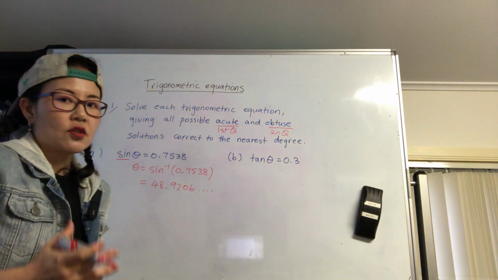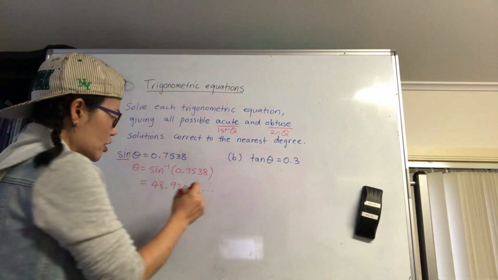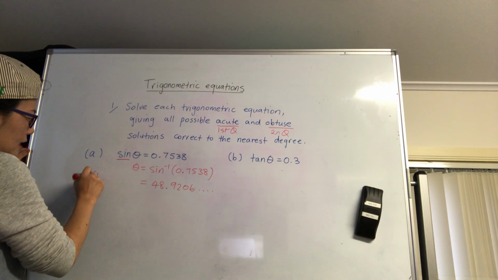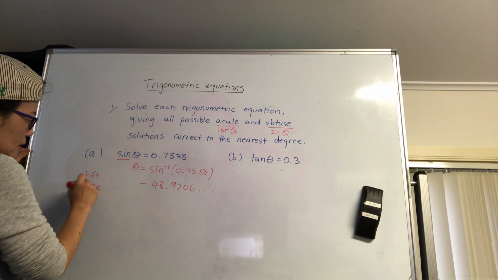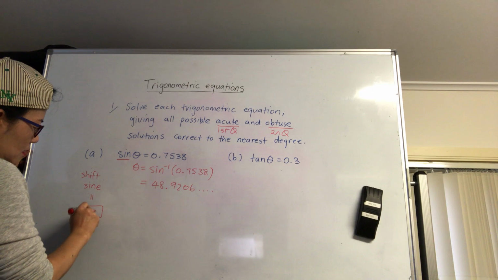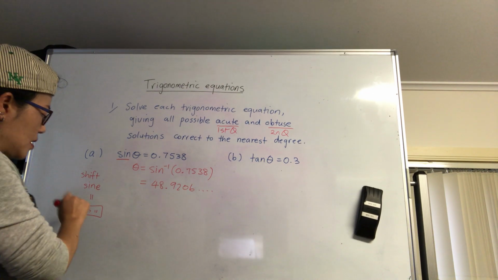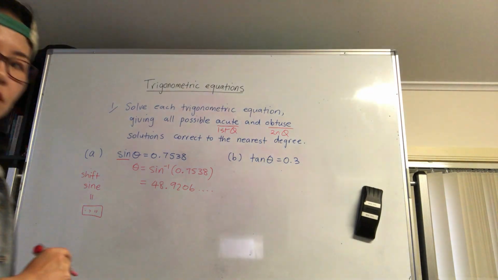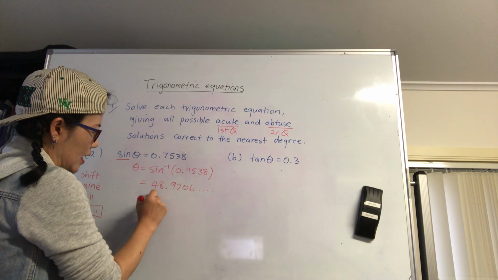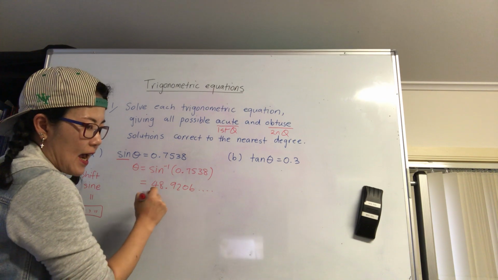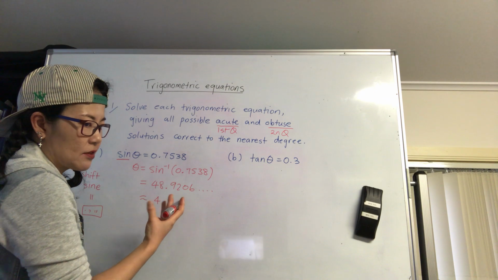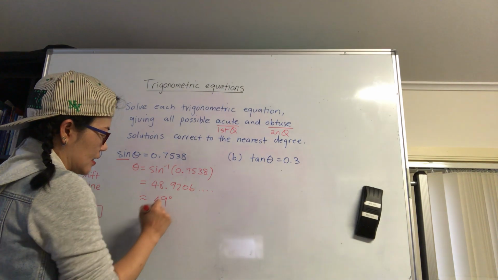Then use the degrees, minutes, seconds button, and you will get 48 degrees and something. To the nearest degree, that's 49 degrees.